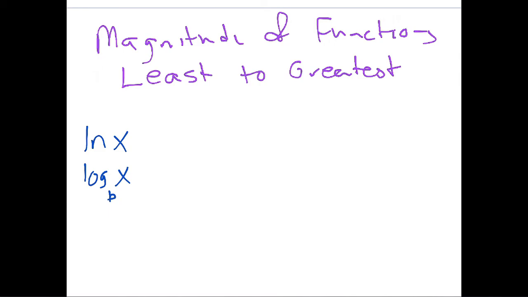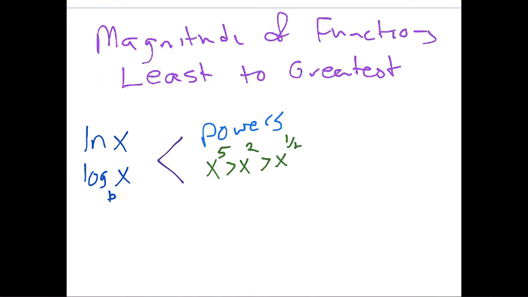Those are going to be less in magnitude than powers. So powers are going to be higher, but remember powers are affected by one another, the highest power, so like within this, x to the fifth is greater than x to the second, which is greater than x to the 1/2 or something like that.